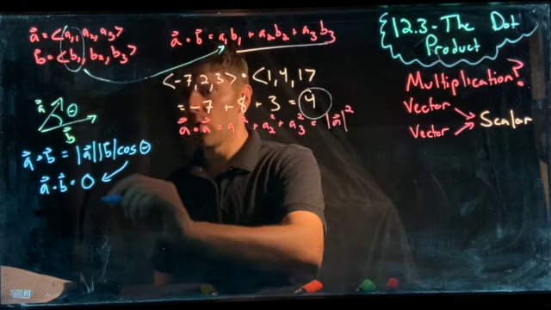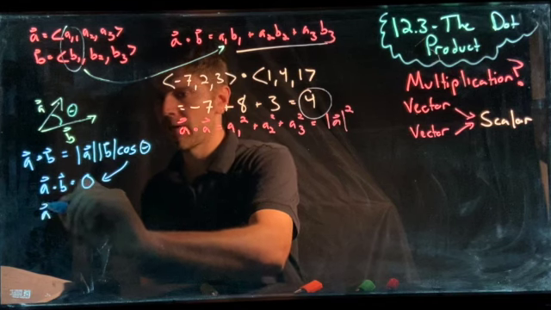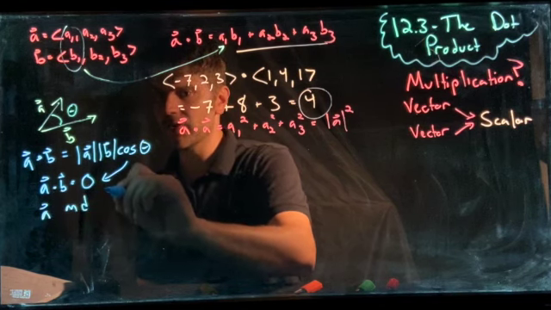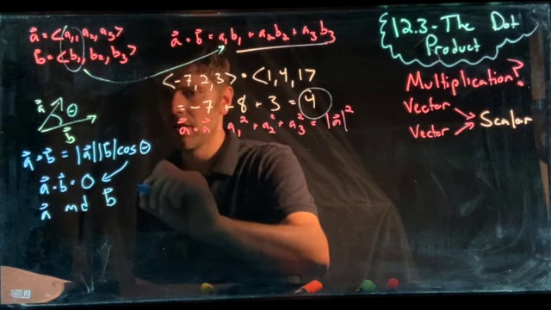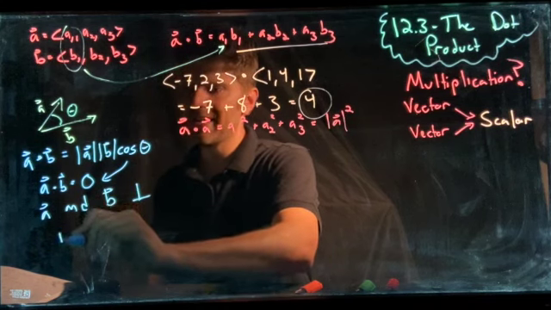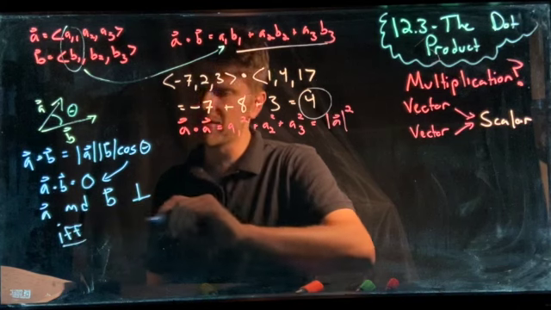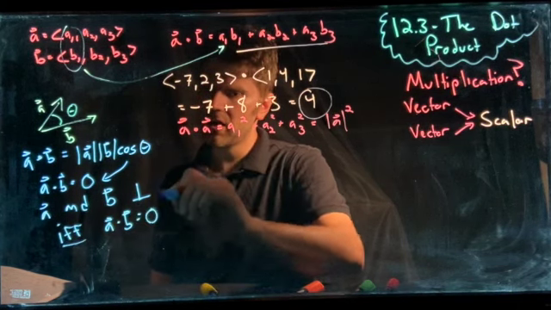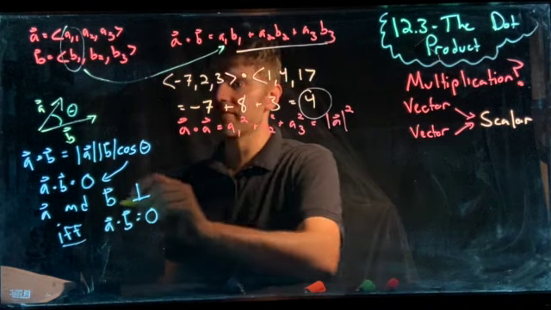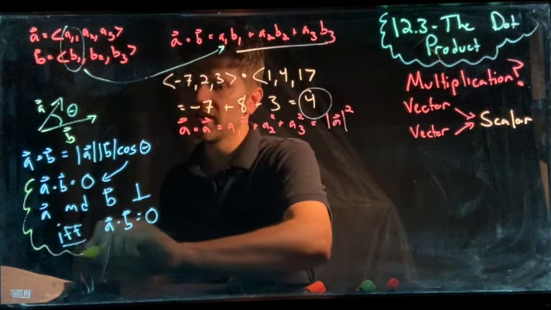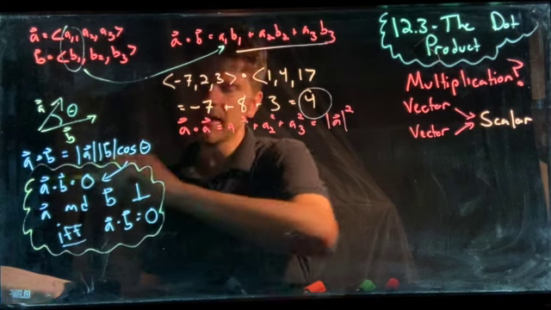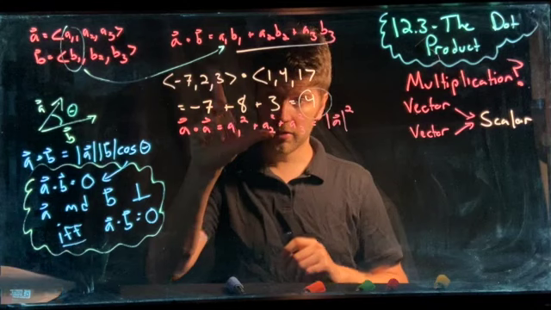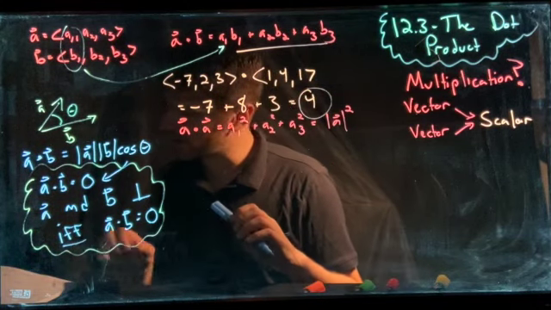That is, when A and B are perpendicular. So in fact, it turns out to be a theorem that A and B are perpendicular if and only if, which is a very strong mathematical statement, A dot B equals 0. So this lets us check. The dot product gives us a very powerful tool. It allows us to check right away if two vectors are orthogonal to each other. If they're perpendicular, if they're orthogonal, the dot product is 0 right away.